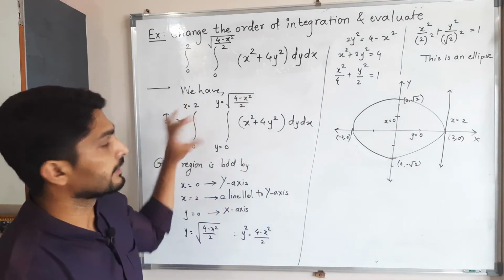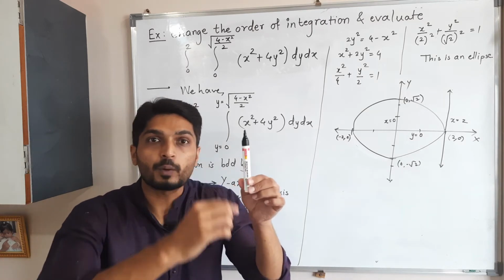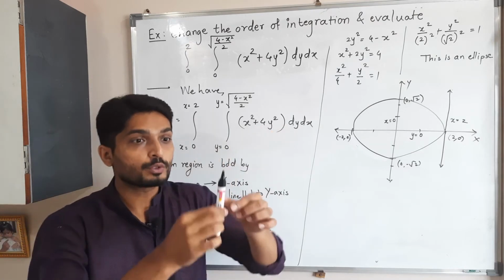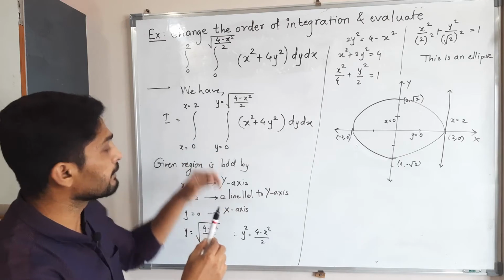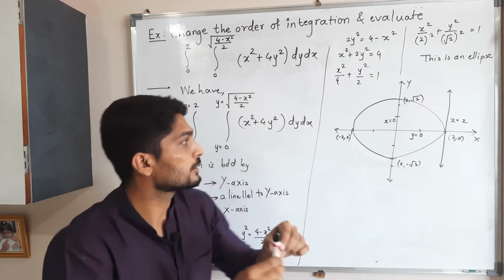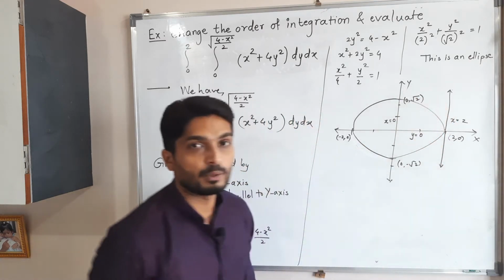See, the inner integral is with respect to y, correct? So that means our strip is parallel to the y-axis. It is bounded below by y is equal to 0, that means the strip is above the x-axis.